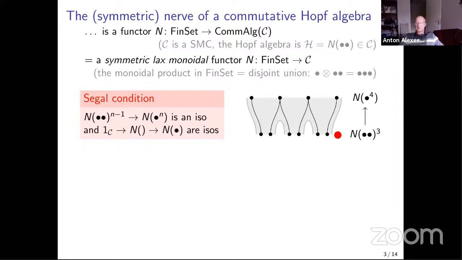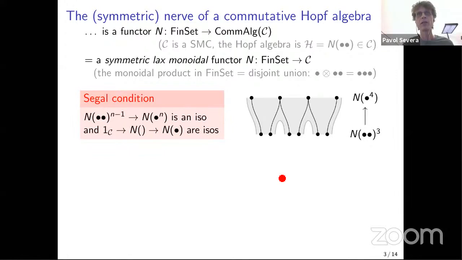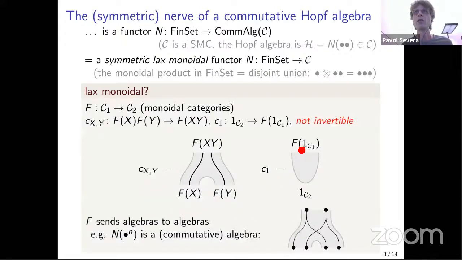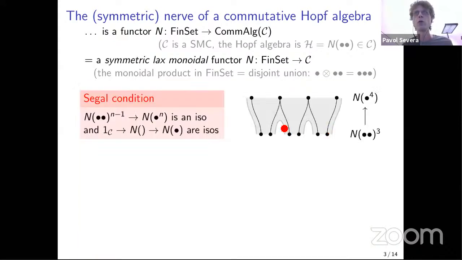Okay. So, I think there is a question on the chat. Could you repeat again what does it mean, Lax? Lax meant that those morphisms are not invertible, or don't have to be invertible. It's this thing. So you see what's happening here.